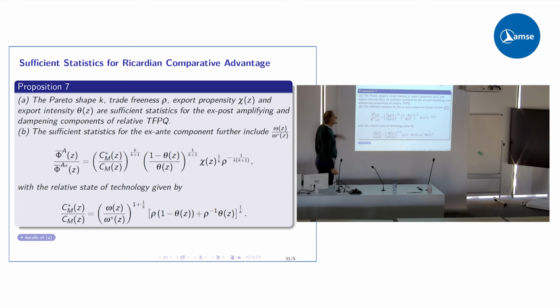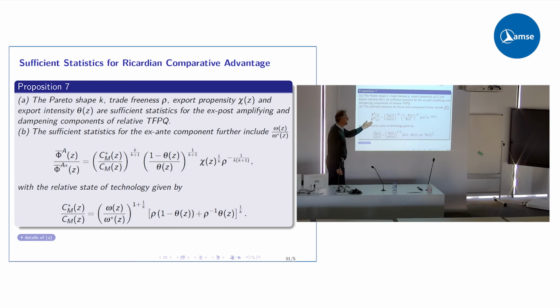So the Pareto shape k, so this is with microdata. The Pareto shape k, trade freeness rho, export propensity, and export intensity are sufficient statistics for the ex post amplifying and dampening components of relative TFP. The sufficient statistics for the ex ante component further include the relative prices.